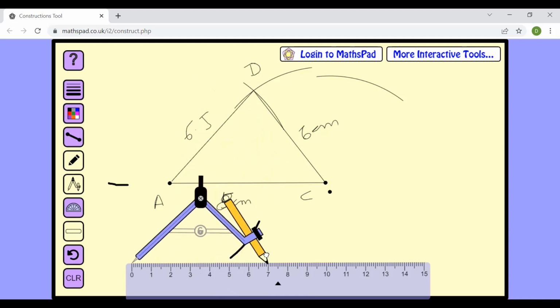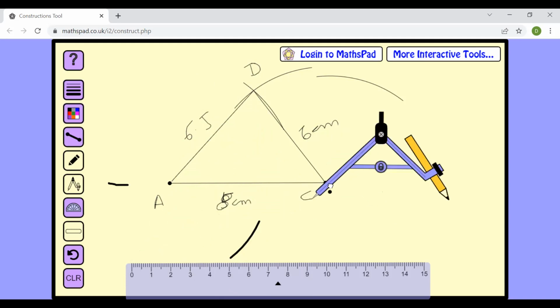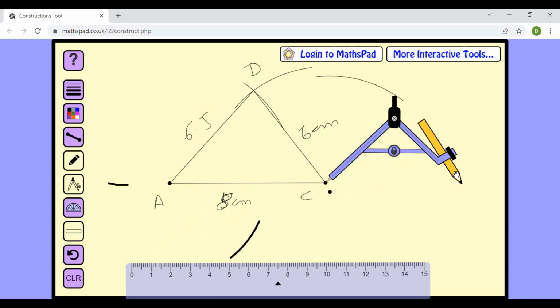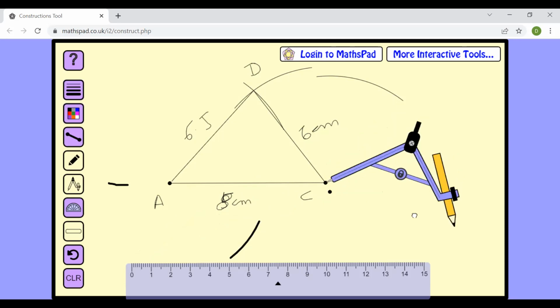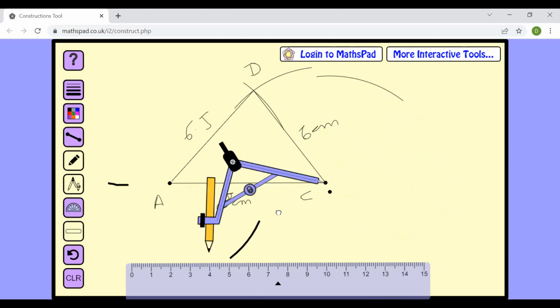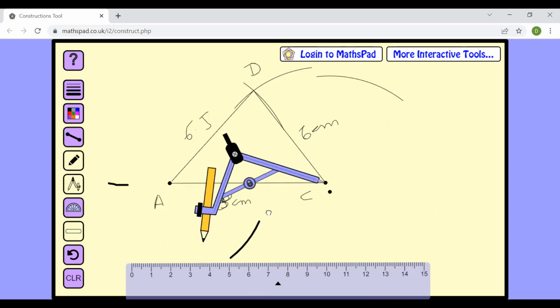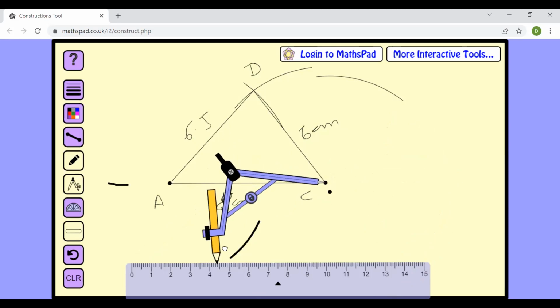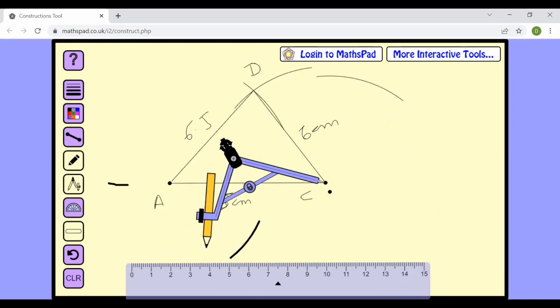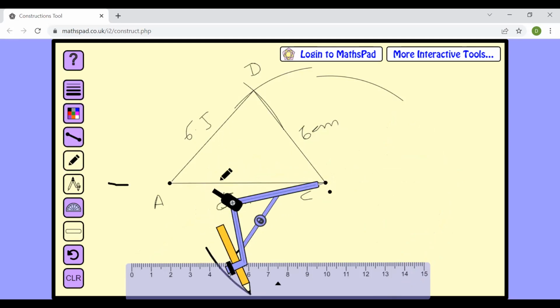Now open the compass for 7 centimeter, put the needle at C and draw an arc in this way.